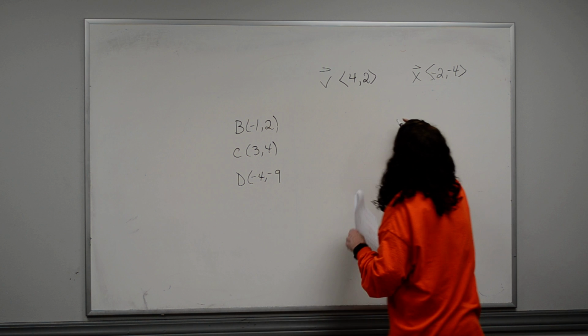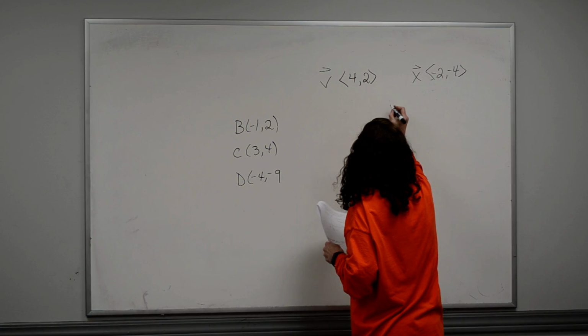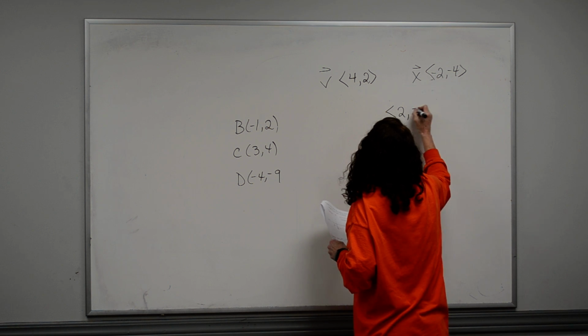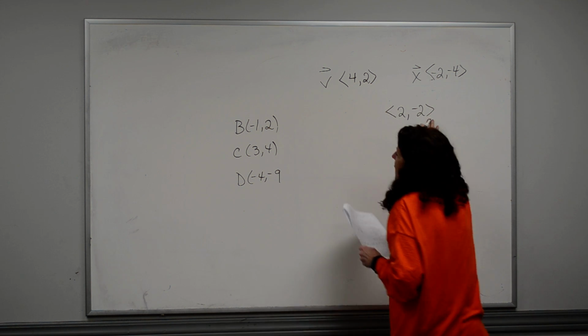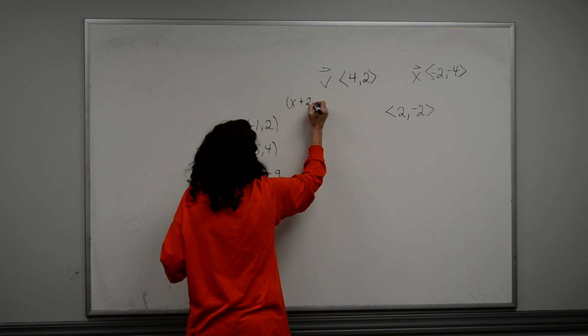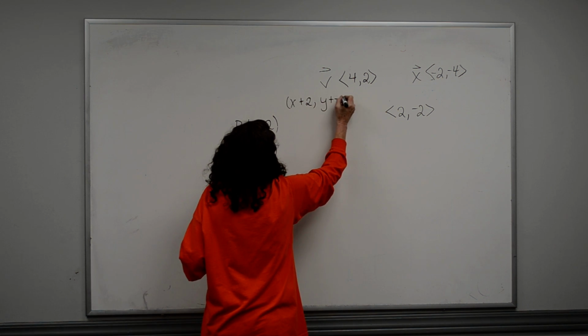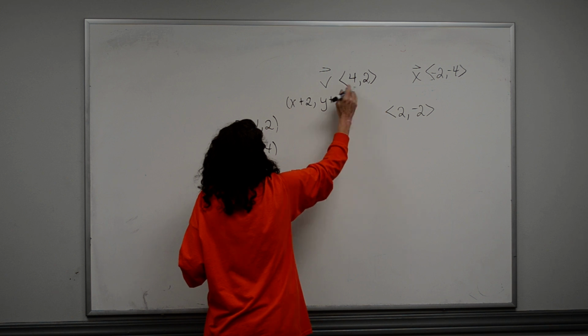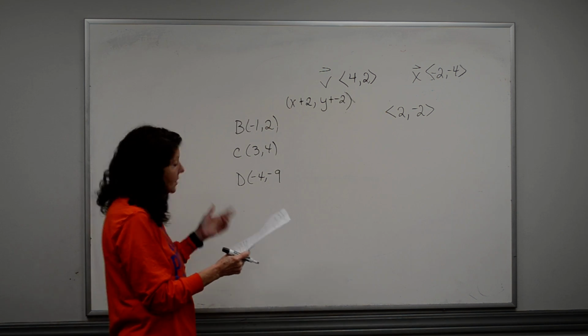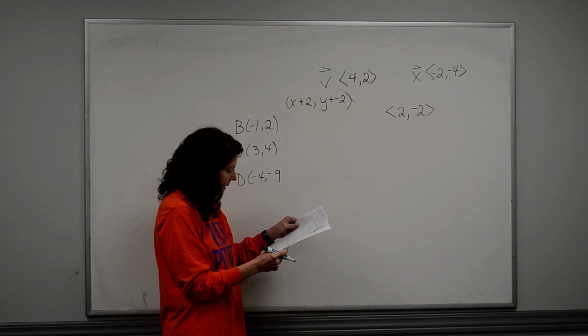Or I can put these two things together and say 4 plus negative 2 is positive 2. 2 plus negative 4 is negative 2. So what this means is, to the x, I'm going to add 2, and to the y, I'm going to add a negative 2. And I will have done my translation. Okay, so vectors can be used for translations.